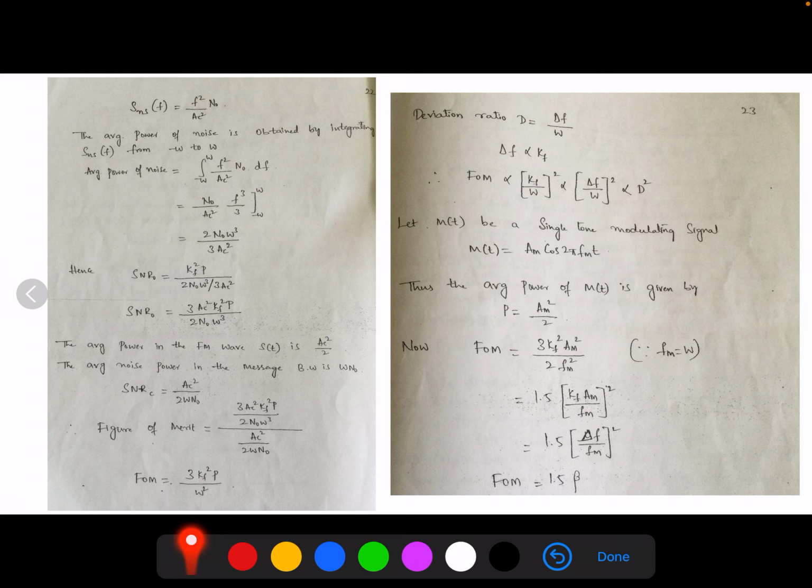So we can recall that the frequency deviation delta f is proportional to the frequency sensitivity kf of the modulator.